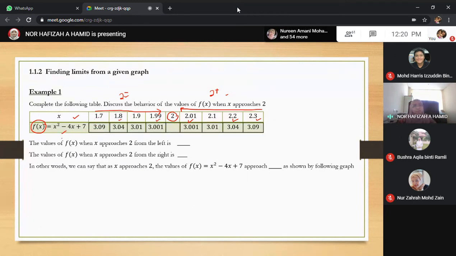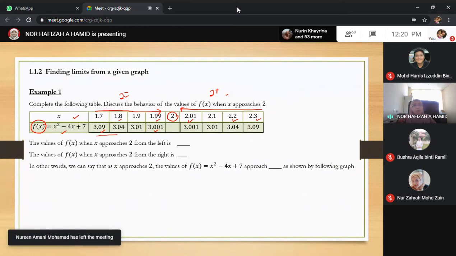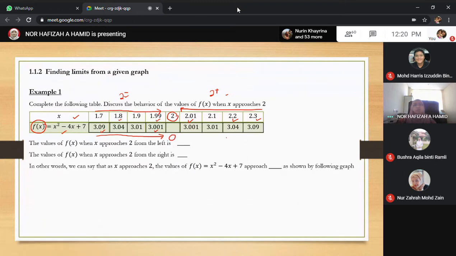For f(x) pun sama, we start with 3.09 until 3.001. So values of y, kalau you tengok, dia approach kepada 3. Sama juga from the right hand side, 3.09 until 3.001. So from the right, value for f(x) also approaches 3.